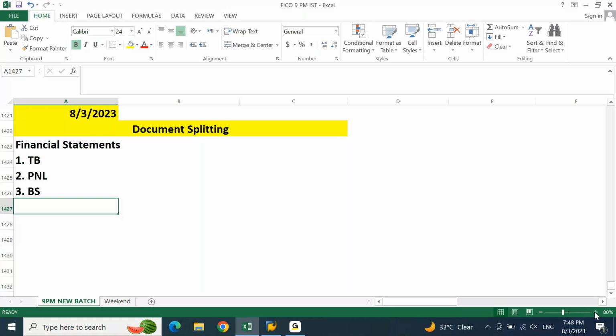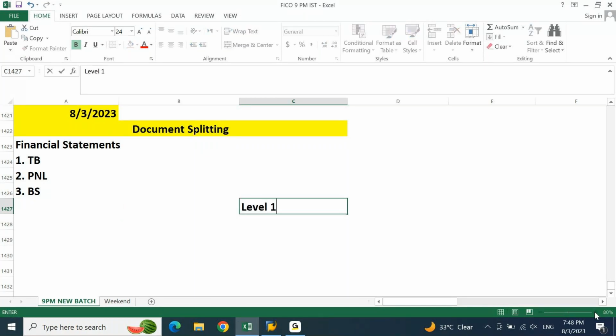When we mention trial balance, P&L, balance sheet, this is basically at level one. I'll say level one, this is generated at company code level. Level 2 can be generated at profit center level.